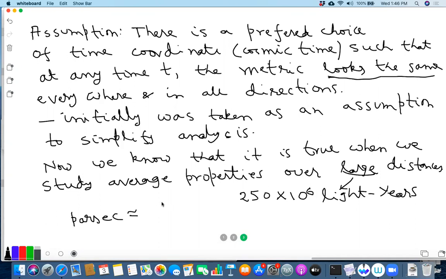This is about 3.26 light years, which in conventional units is 3.086 times 10 to the 13 kilometers. Okay, are there questions? Okay.